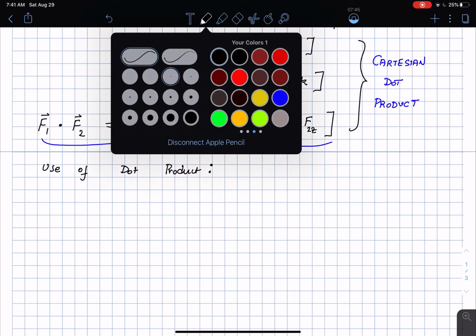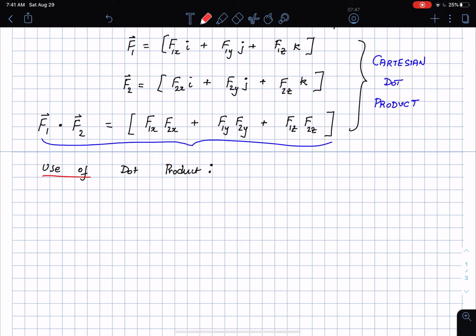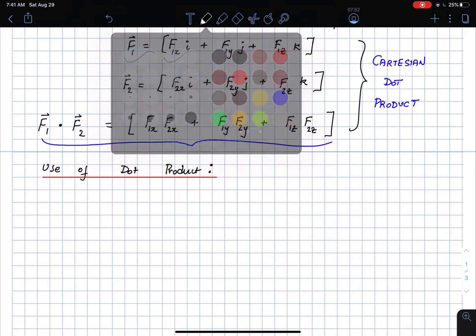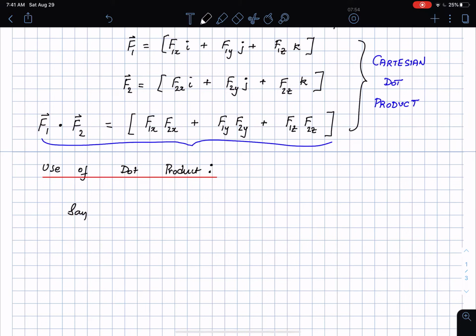Okay, what exactly do we gain by knowing how to take the dot product of two vectors? Okay, so here is the situation. Say we have vector f1 as some magnitude times some unit vector.